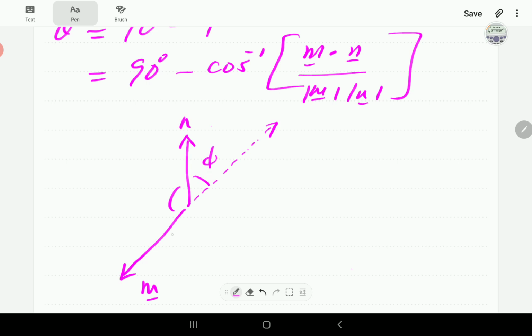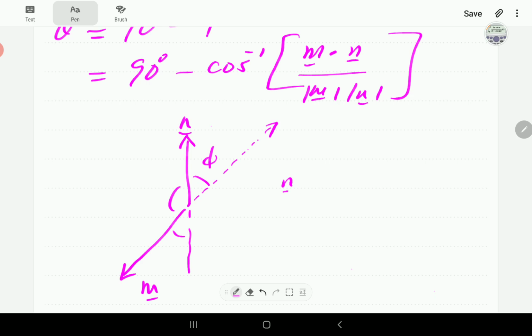So there are two things we can do. Either we take the negative of m and go that way, then we're going to have an acute angle, or we take the negative of n and go that way, and we're going to have an acute angle.